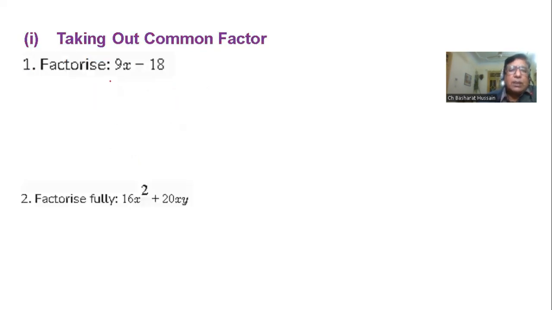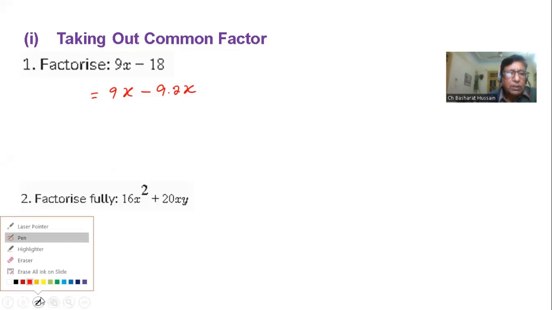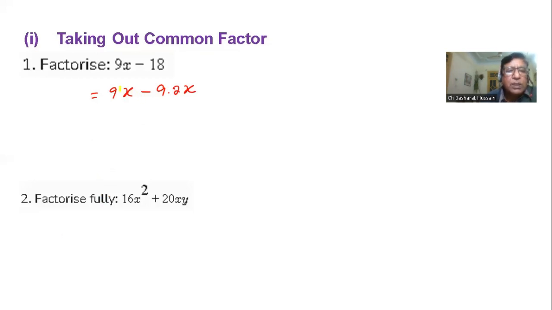Now in the second, see it's 9x minus 18. So 9x, and we break down this 18 into 9 into 2. Now you can take out a common factor. First you look for the common factor. Which is a common factor in this expression?